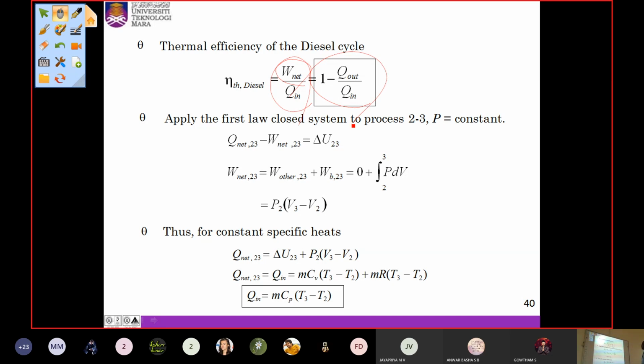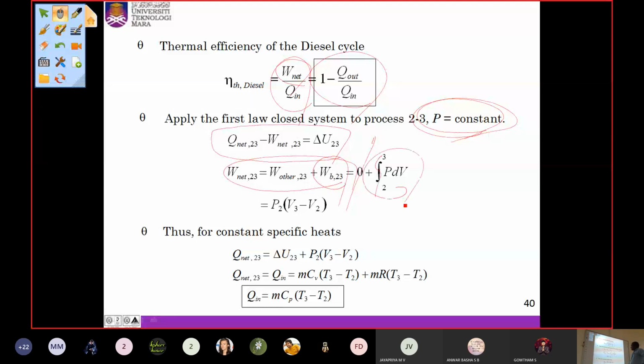Then we can apply the first law for the constant pressure process, the second process. If you apply the first law, delta U is equal to Q minus W. W is obtained by adding the other work values and the work at the constant pressure process, and we can neglect the other works in this process. Then the constant pressure work will be the integration of P dV.